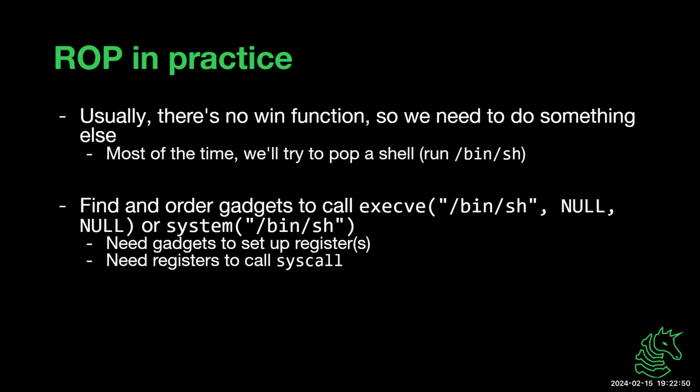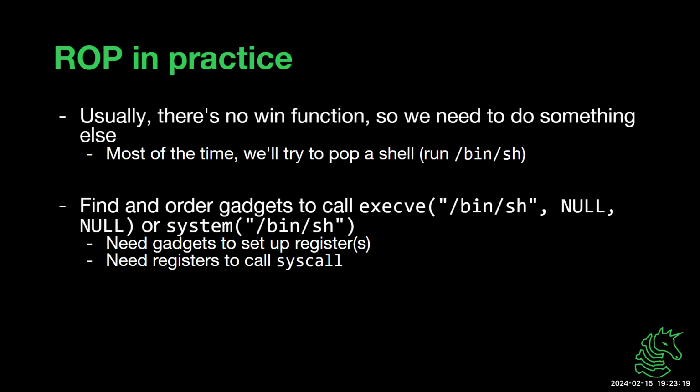But in practice, there's usually not just a win function sitting there with arguments. Most of the time, what you're really trying to do is pop a shell, so basically run bin sh on their system. There are a couple of common ways, but I'm sure there are others. There's execve bin sh null, which is also helpful for one of the ROP challenges.